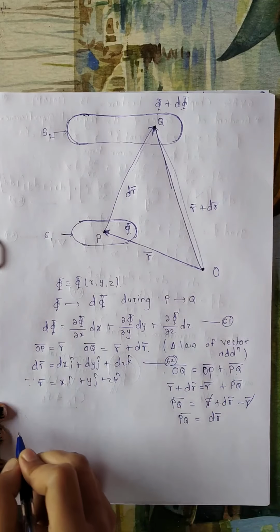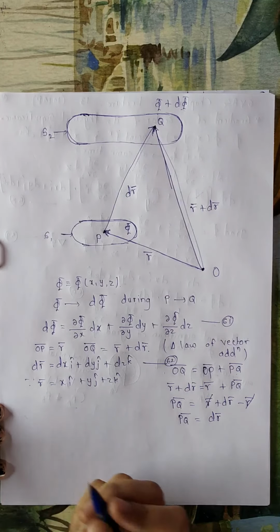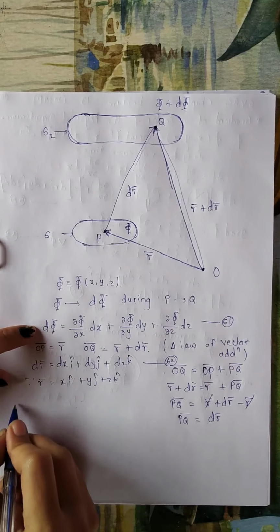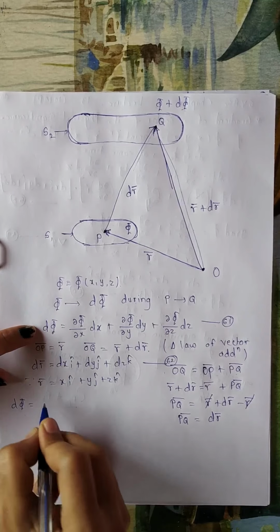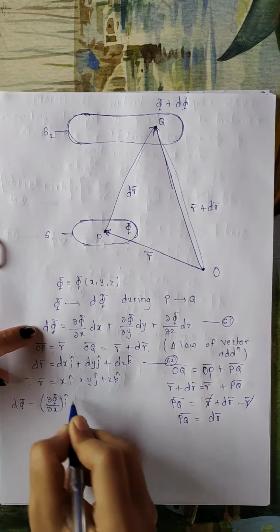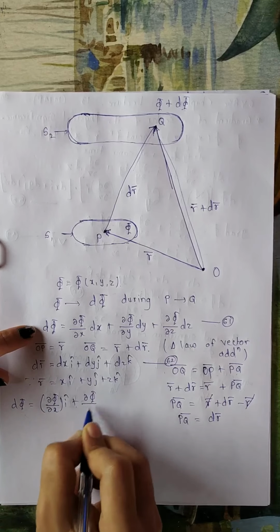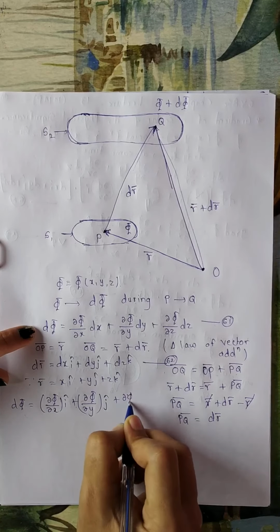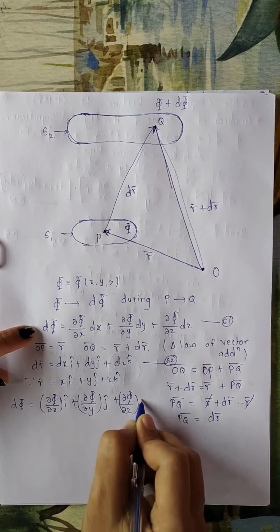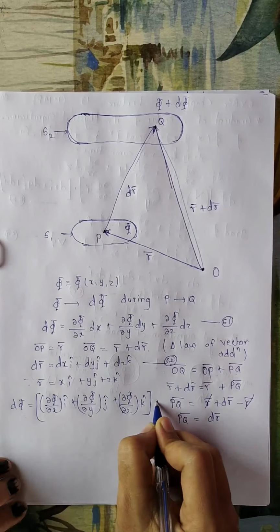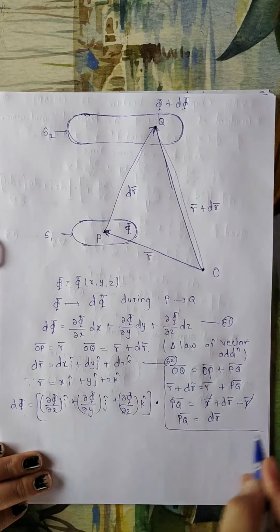So this dot product is given by: we can write this d phi as dou phi upon dou x i cap plus dou phi upon dou y j cap plus dou phi upon dou z k cap, and this will be dotted with our other vector, which I will write on the next line.